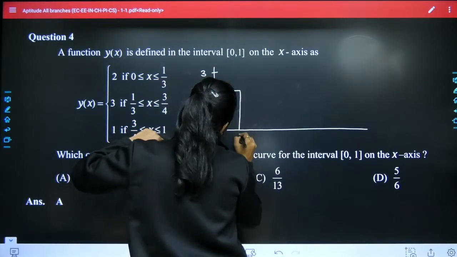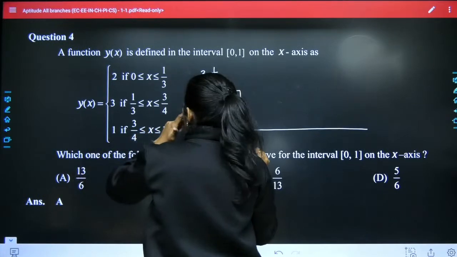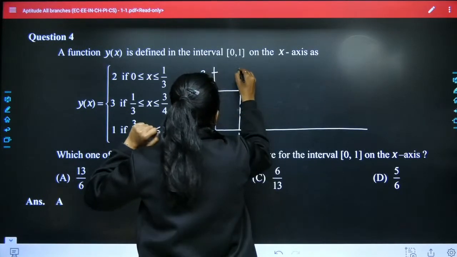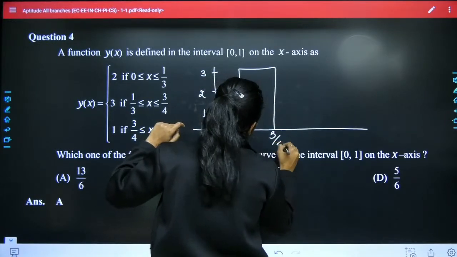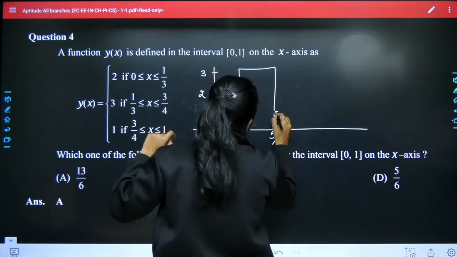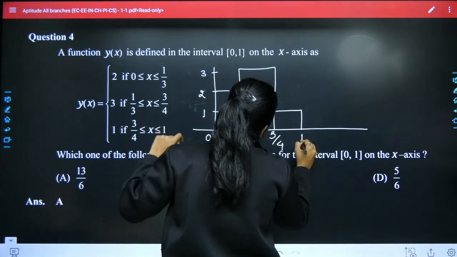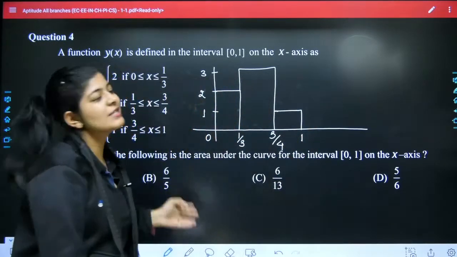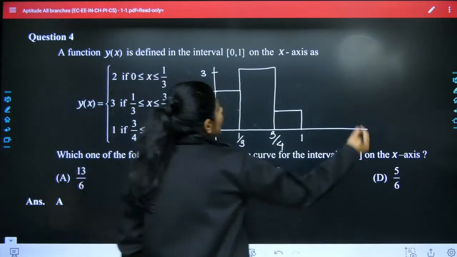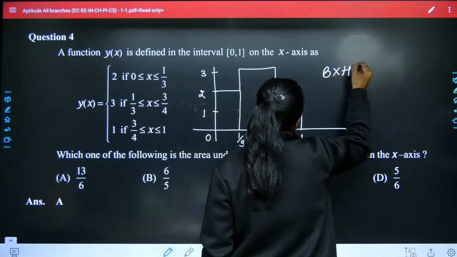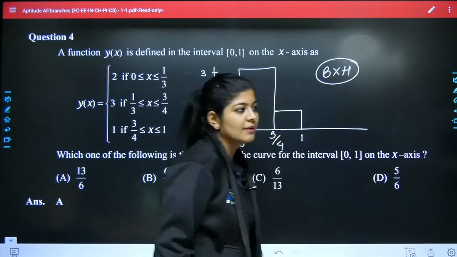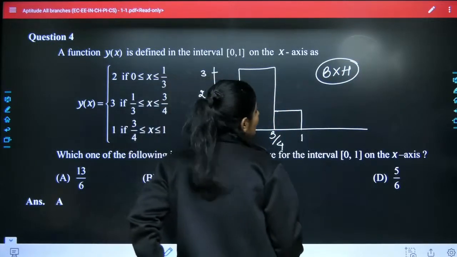So it states that it is from 0 to 1 by 3, then from 1 by 3 to 3 by 4, and 1 is for 3 by 4 to 1. Now we simply need to apply the area of rectangle, that is base into height, or we can say length into breadth.